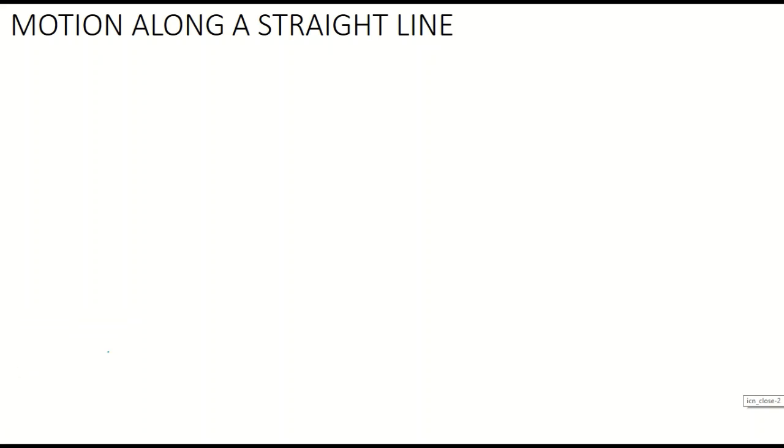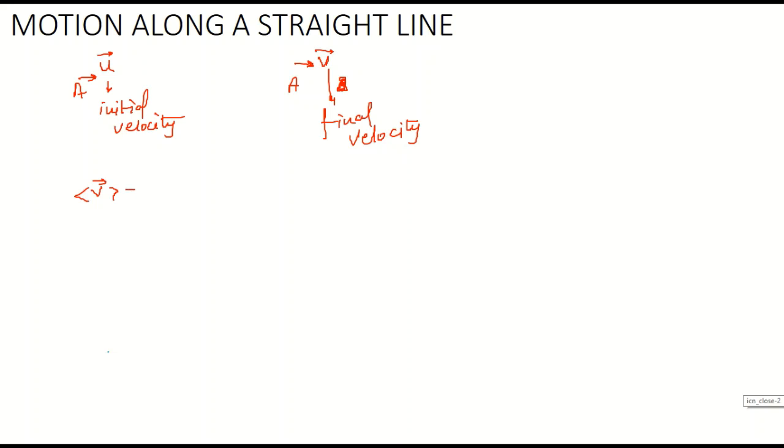But in that case, let's suppose a body A is starting with initial velocity u, and after some time the same body A has final velocity v. If u is its initial velocity and v is its final velocity, then the average velocity will be the final velocity plus initial velocity by 2.